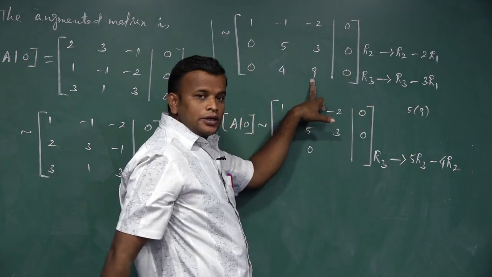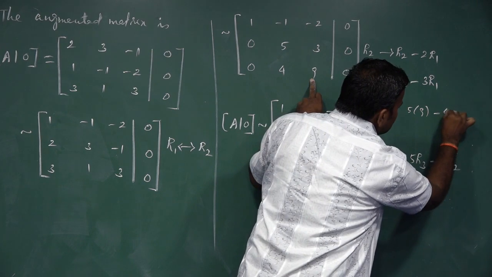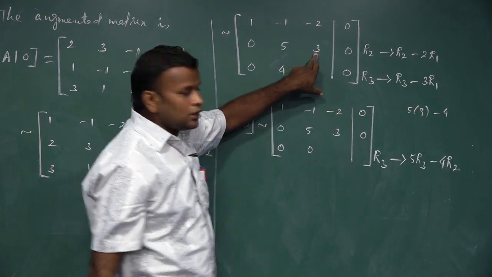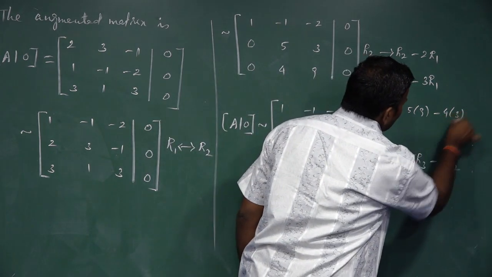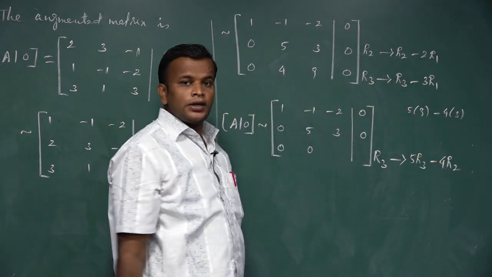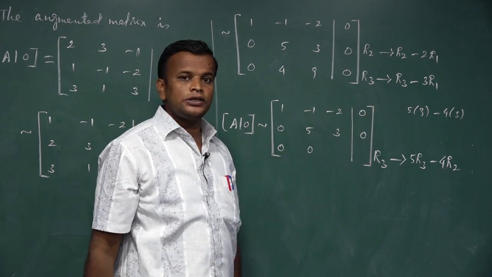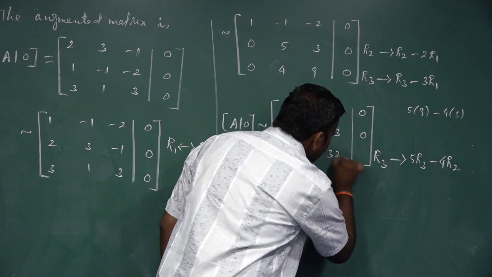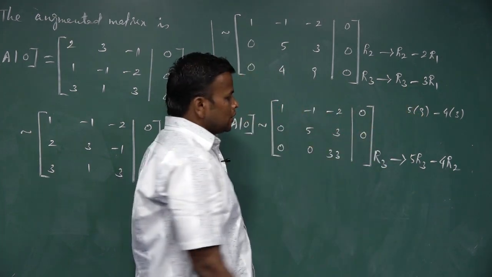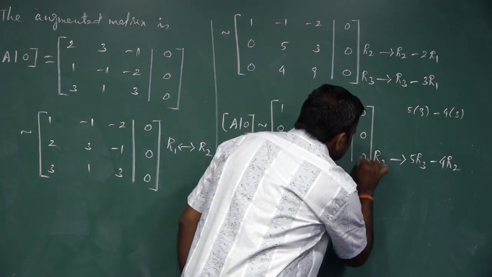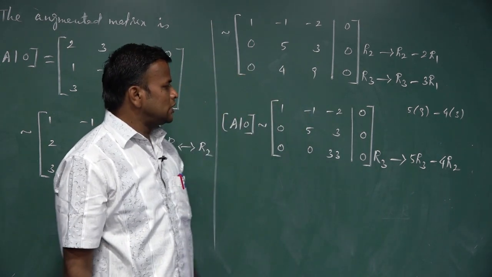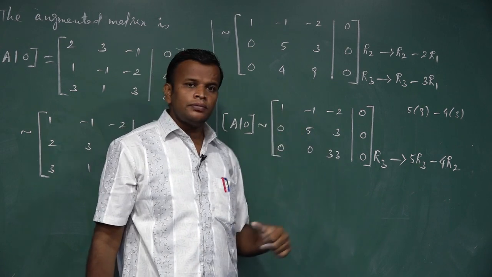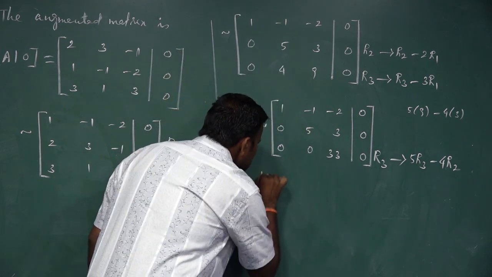R3 value is 9, minus 4 times the corresponding element of 9 in R2, which is 3. 9 fives are 45. Minus 12, 4 threes are 12. 45 minus 12 is 33. All values are 0, it is 0. Now you see it is in echelon form. The triangle shape of elements below is 0. So we write it is an echelon form.